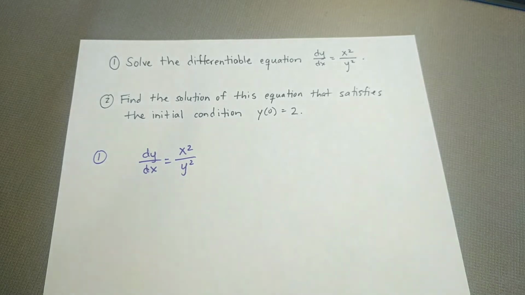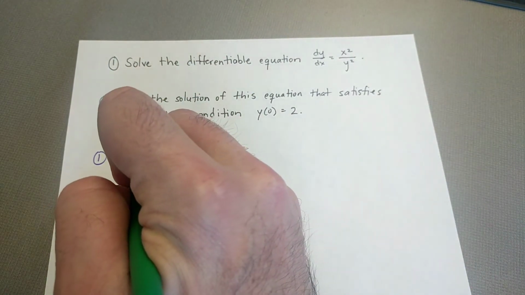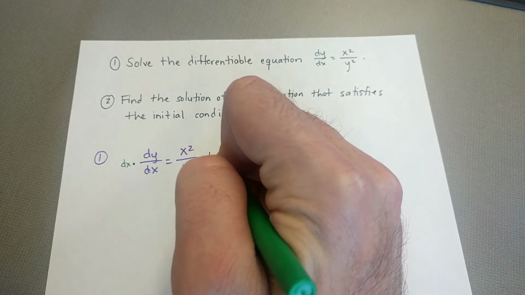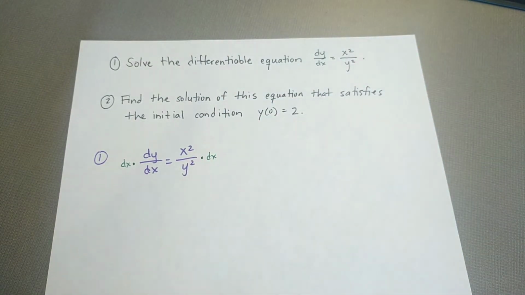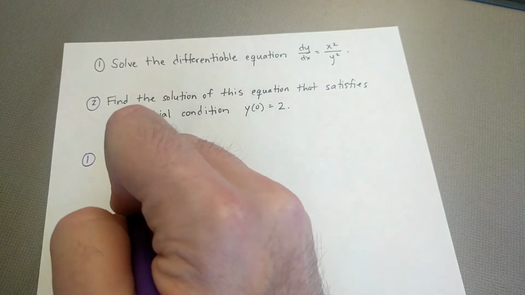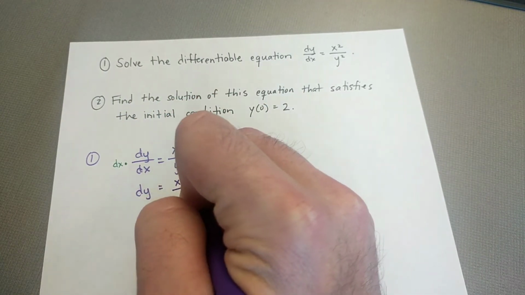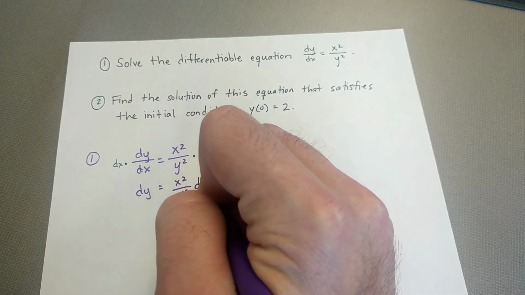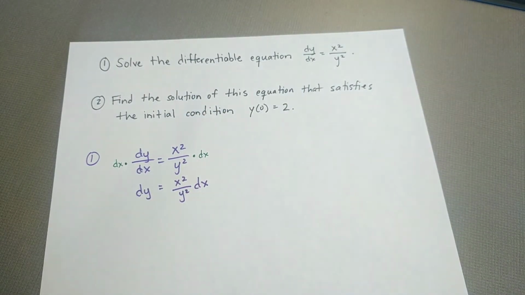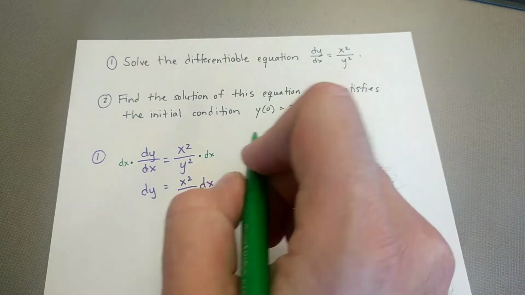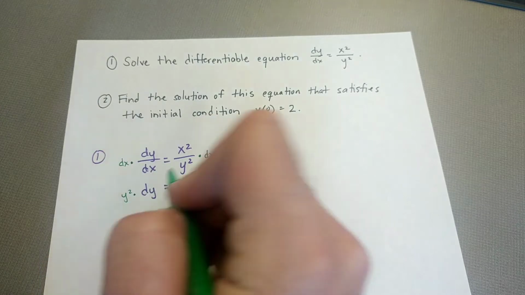That's the whole idea. So the first thing we're going to do is multiply both sides by dx. That's going to be my first step here. So that's going to leave us with dy equals x squared over y squared dx. And now I'm going to go ahead and move the y squared over by multiplying by y squared on both sides.